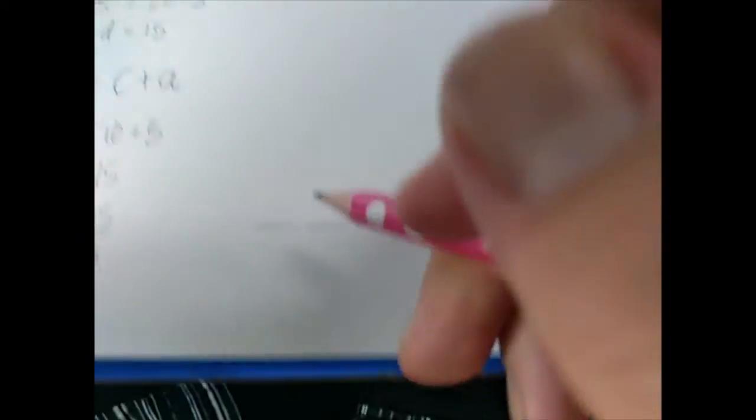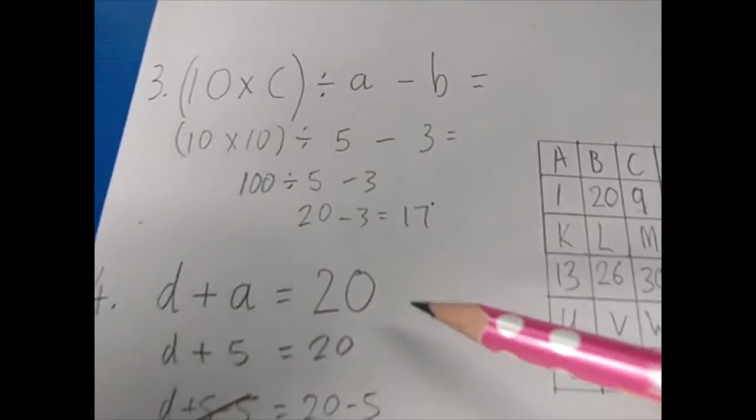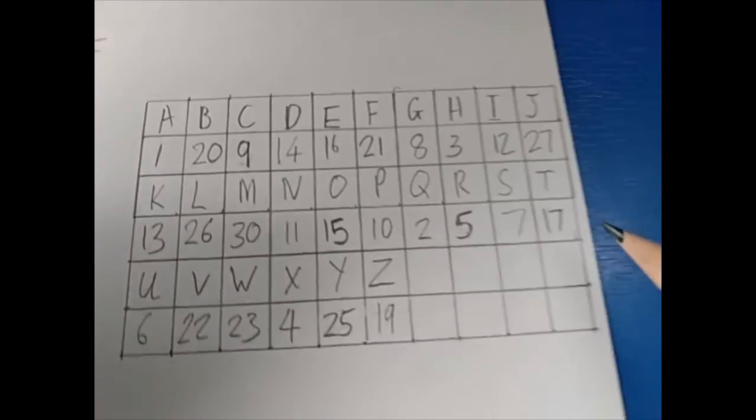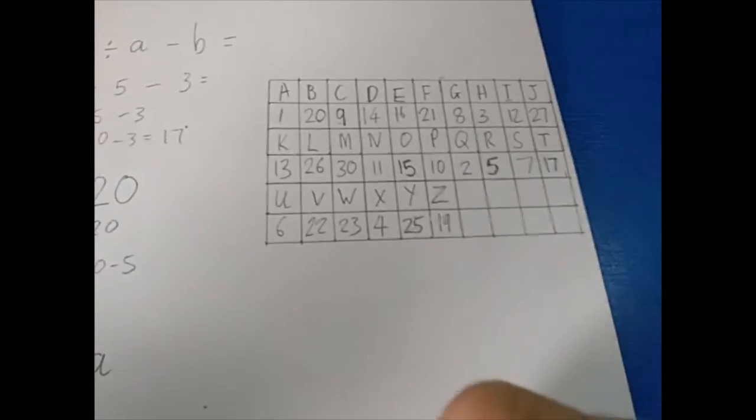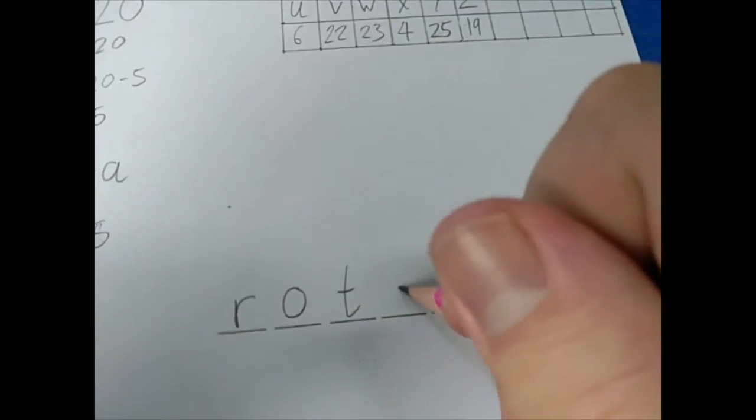R. Then we've got 15. 15 is O. Then 17. Aha. T. Then 15. Oh, we did 15 already. That was an O.